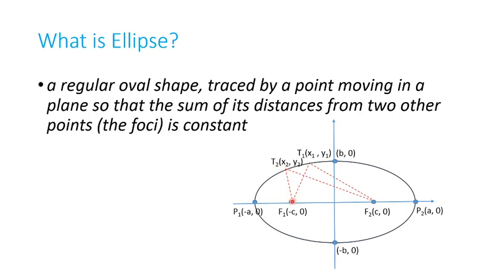So T2F1 plus T2F2 equals the distance T1F1 plus T1F2. So that's the definition of ellipse.